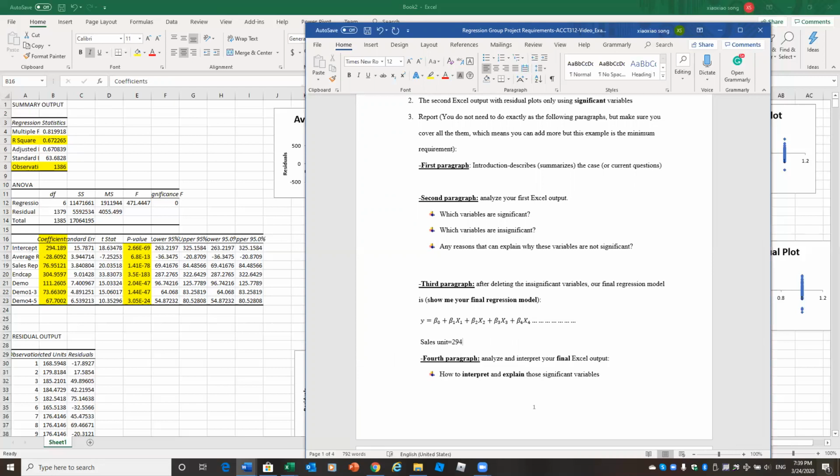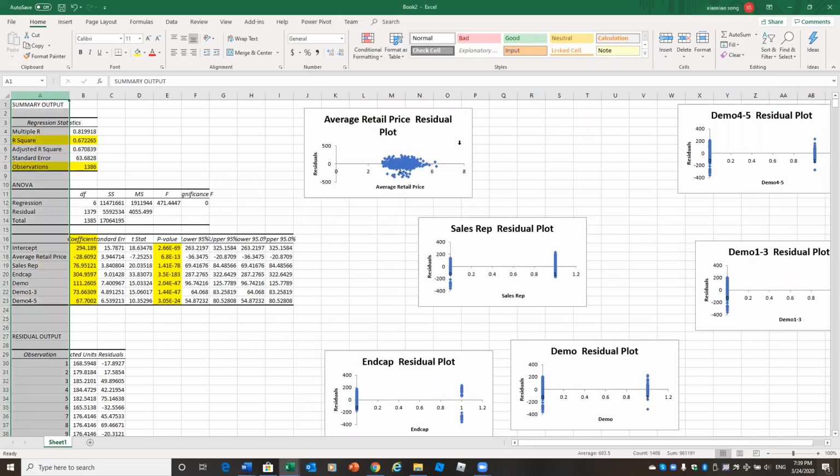I only keep two decimals, you can do whatever you want. The intercept has no variable. And then my first variable is average retail price, and the next coefficient is negative.